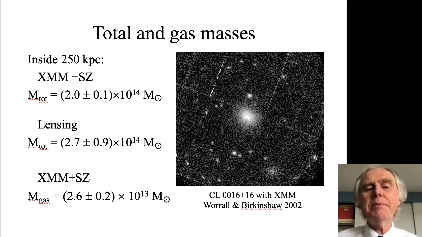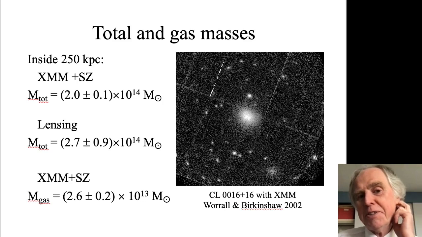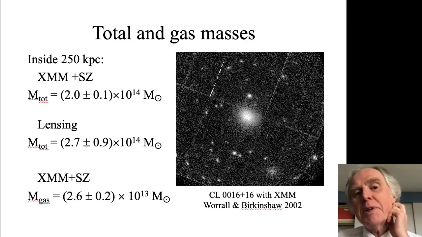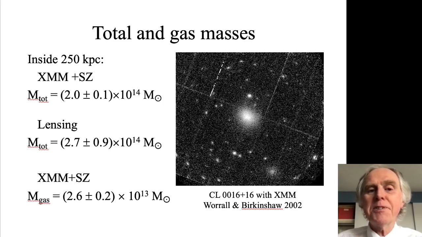And we compared masses as measured by gravitational lensing, 2.7 plus or minus 0.9 times 10^14 solar masses, and by the SZ effect combined with XMM data, 2.0 plus or minus 0.1 times 10^14 solar masses. And the thing you immediately notice is that the mass measurement in the X-ray and SZ is very much more precise than the mass measurement by lensing.